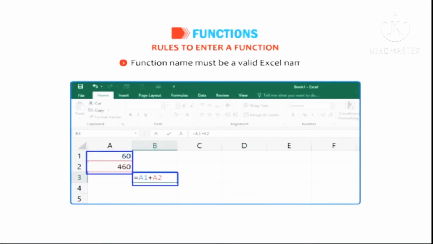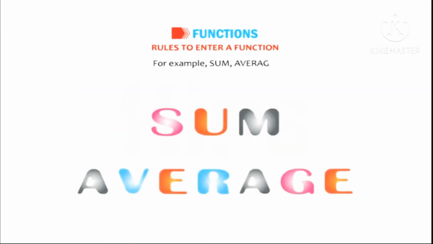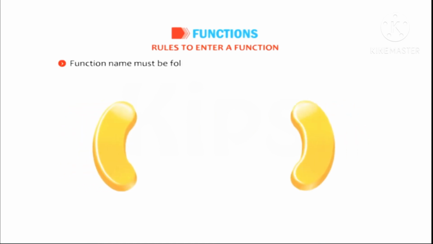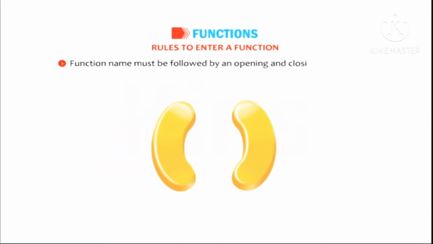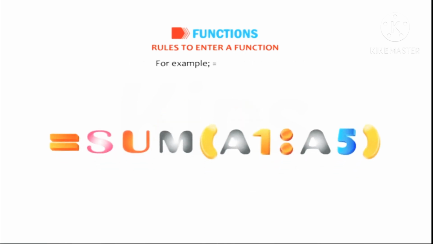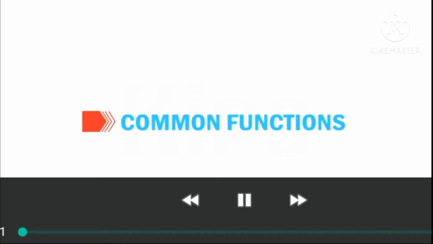The function name must be a valid Excel name, for example, SUM, AVERAGE. The function name must be followed by an opening and closing parenthesis. Arguments are enclosed in the parentheses. For example, =SUM(A1:A5).